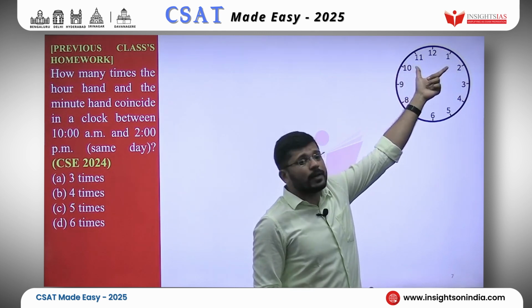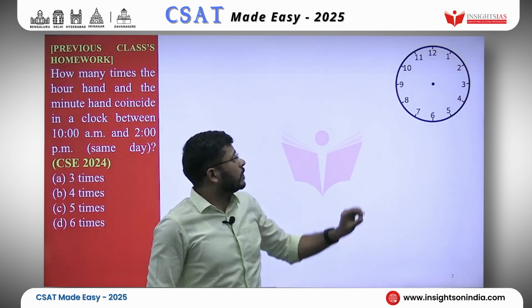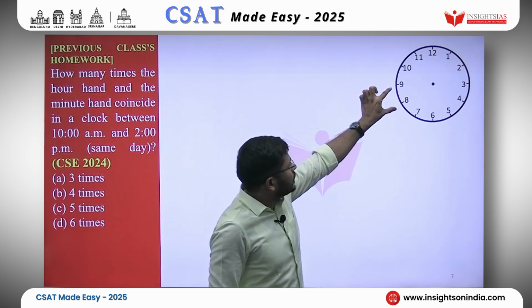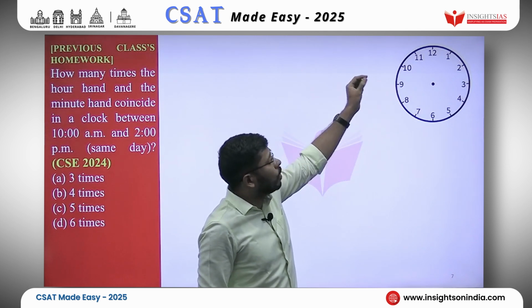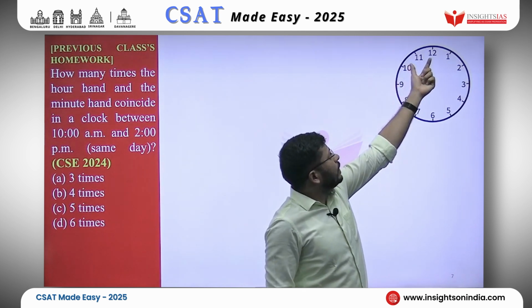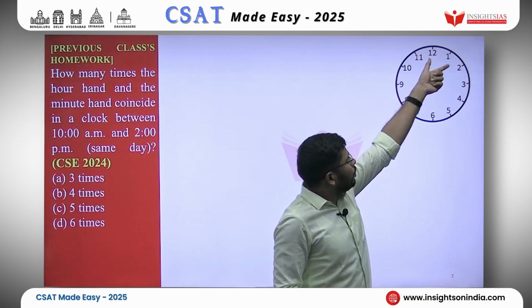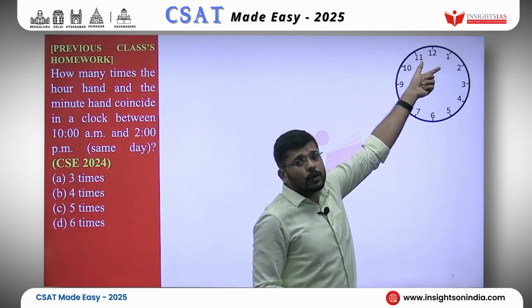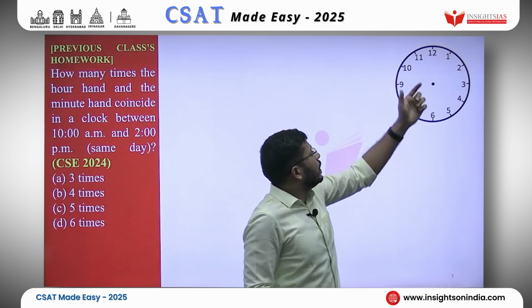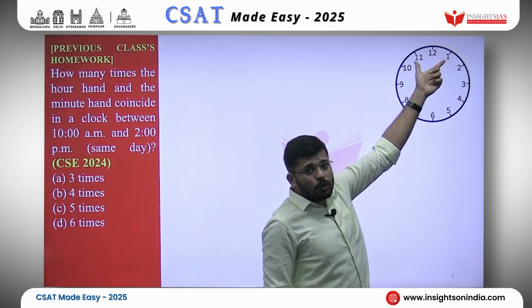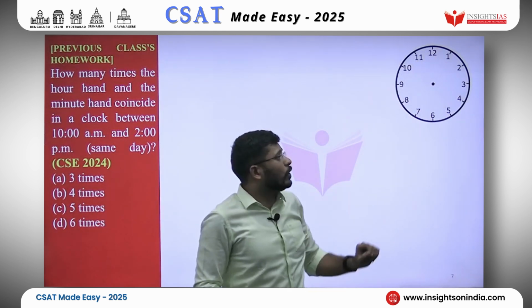Between 11 and 12, they do not coincide because they coincide exactly at 12 o'clock. And between 12 o'clock and 1 o'clock, they do not coincide because they coincide exactly at 12 o'clock. It means that between 11 o'clock and 1 o'clock, they coincide only once.